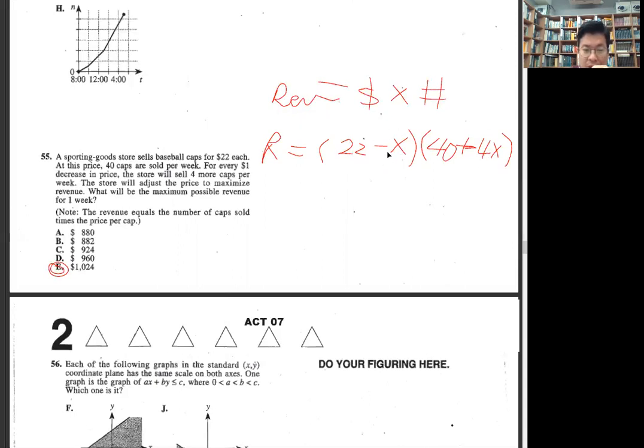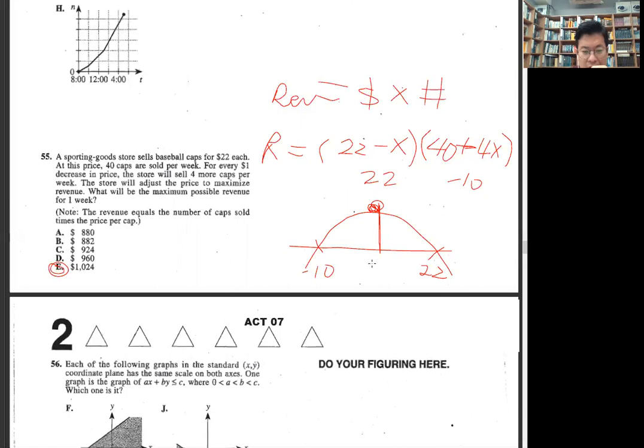So we have two roots, which are 22 and minus 10. If you graph it out, it's going to be like this. This is 22. This is minus 10. So in the middle, this is the maximum.